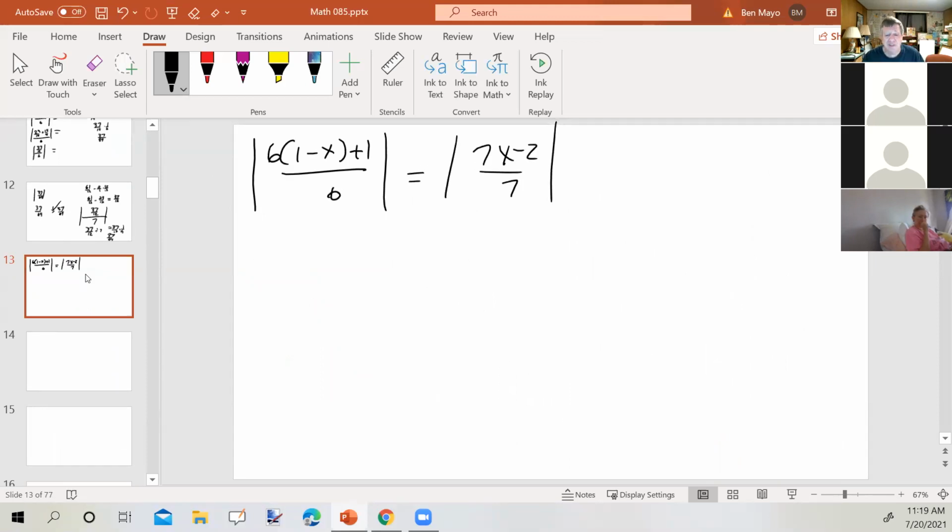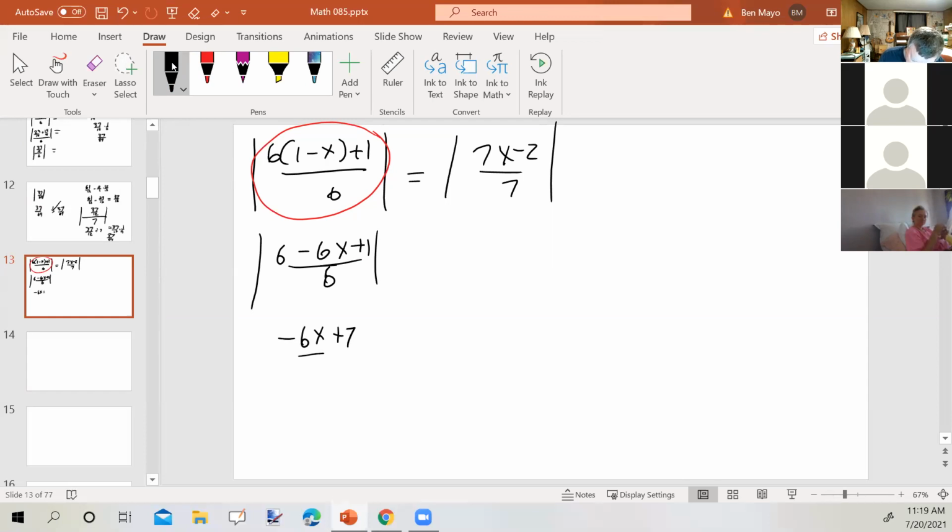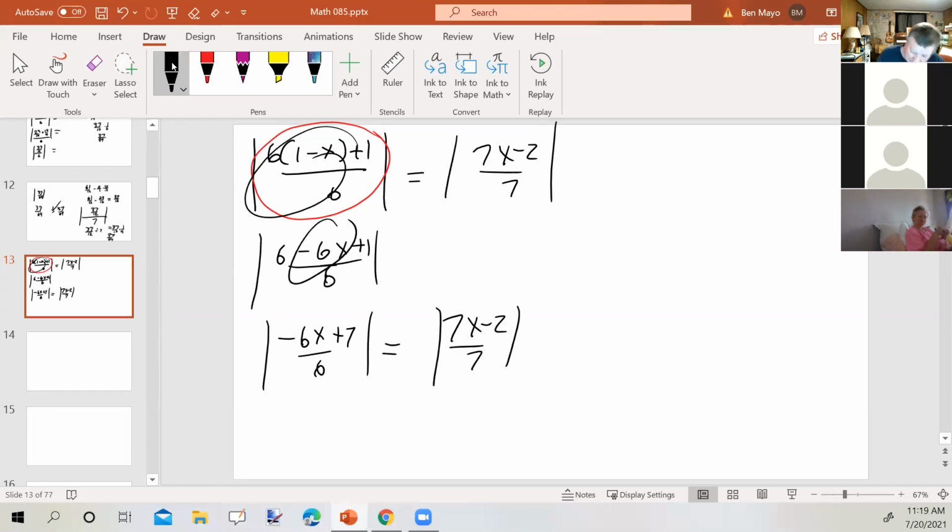What I could have done before I split it up is I could have dealt with this whole mess. And I could have said, well, that's 6 minus 6x plus 1 over 6. And that's negative 6x plus 7 over 6. And so I could have written it like that. In other words, simplifying that and then split it up. That would have saved me some room, some time.